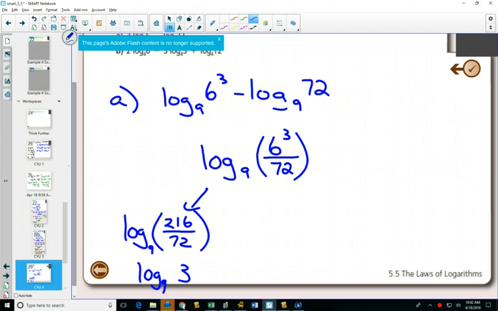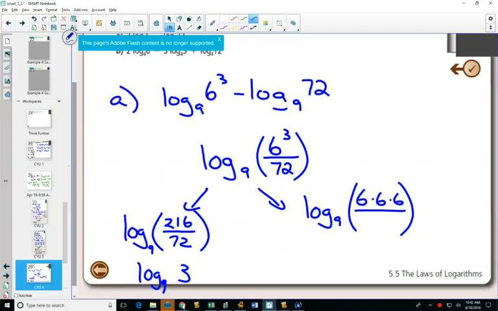What I would suggest instead is play around with the numbers. Instead of simplifying things, are you okay that 6 cubed means 6 times 6 times 6? And are you okay that 72 is 36 times 2, and 36 is 6 times 6, so 72 is 6 times 6 times 2?